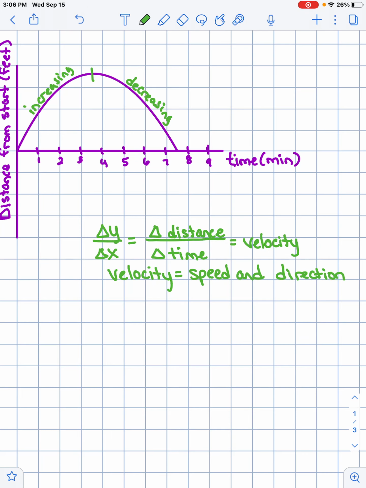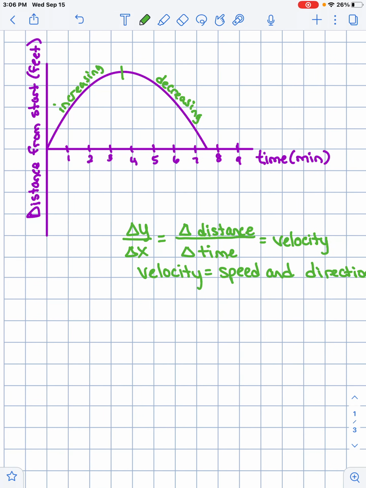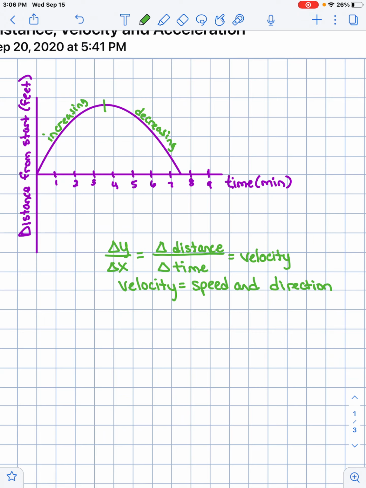So let's take a look at our graph up here, this purple graph, and we're going to look at the velocity on these different locations. The velocity is slope. Let's look at tangent lines, because that's what we've been working with, is instantaneous velocity or instantaneous rates of change.